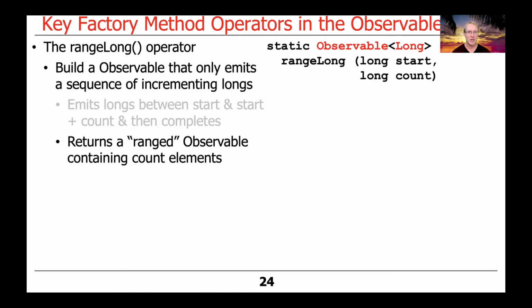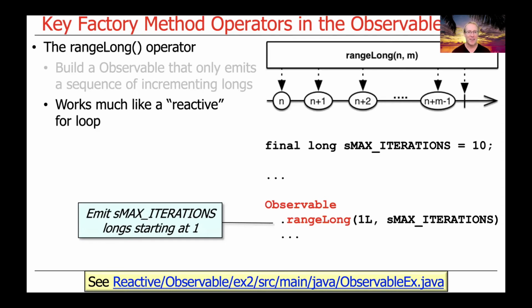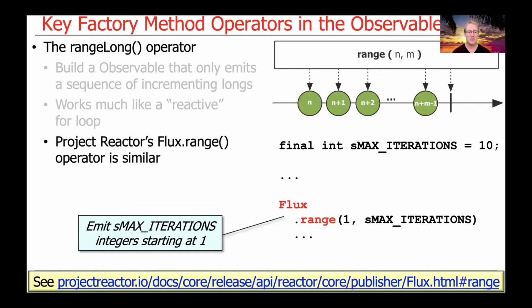This returns essentially what's known as a ranged observable that contains count elements in it. You can basically think about this operator, the rangeLong operator, as the moral equivalent of a reactive for loop. So here's an example where we're going to emit essentially 10 items from 1 to 10, starting at 1. And that's a good example. We'll take a look at that when we get into the case study at the end of this lesson.